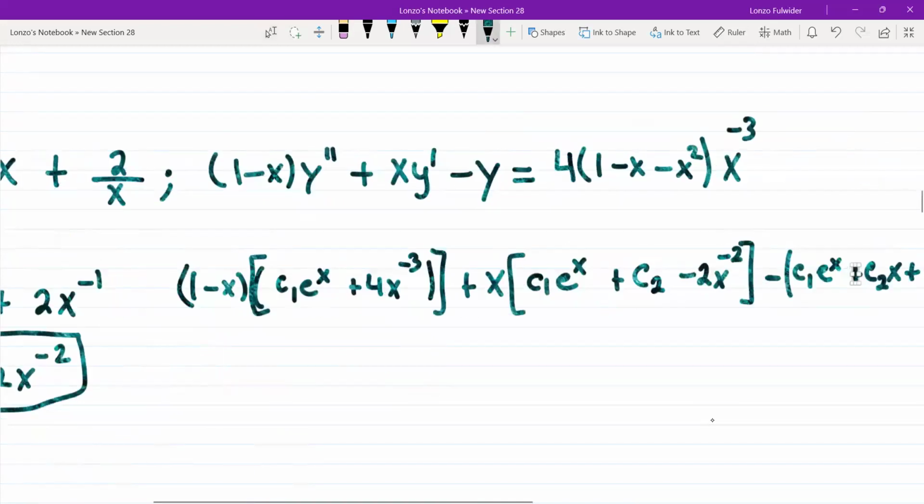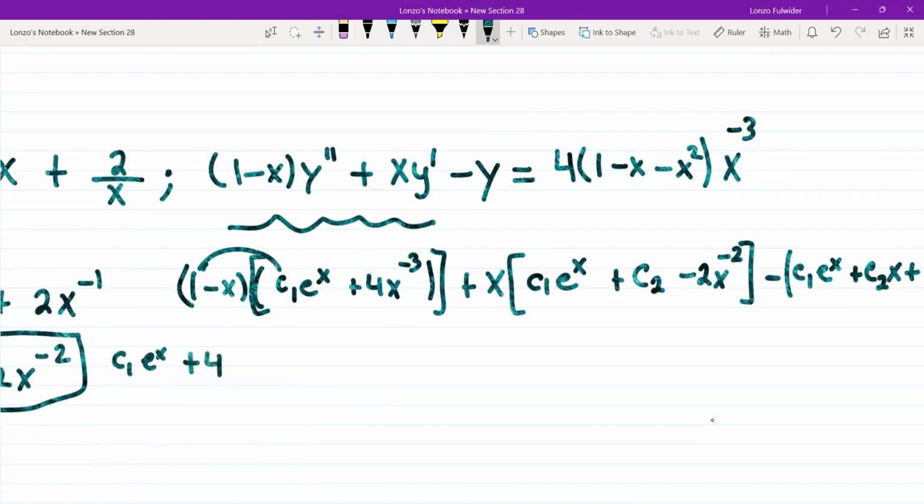It's a lot of mess, but you just have to FOIL it out, be careful, and collect like terms. So let's do this part here. So go ahead and FOIL this out. So 1 times c1 e to the x is c1 e to the x. 1 times 4x to the negative 3 is 4x to the negative 3.